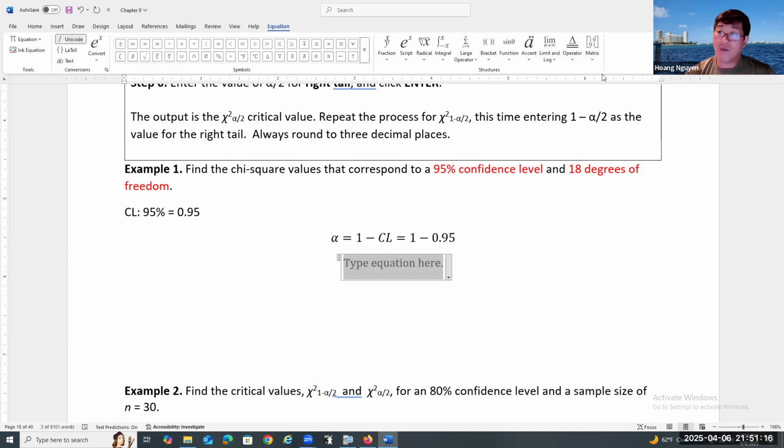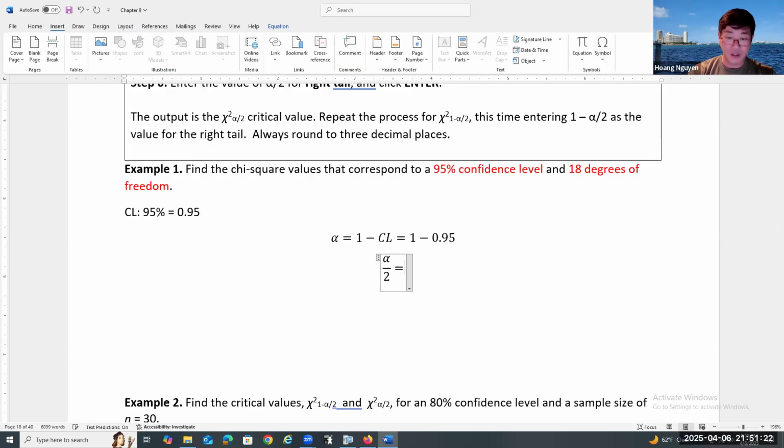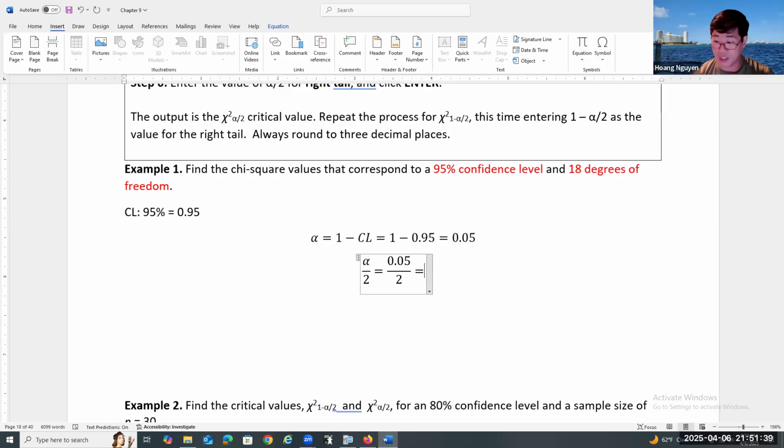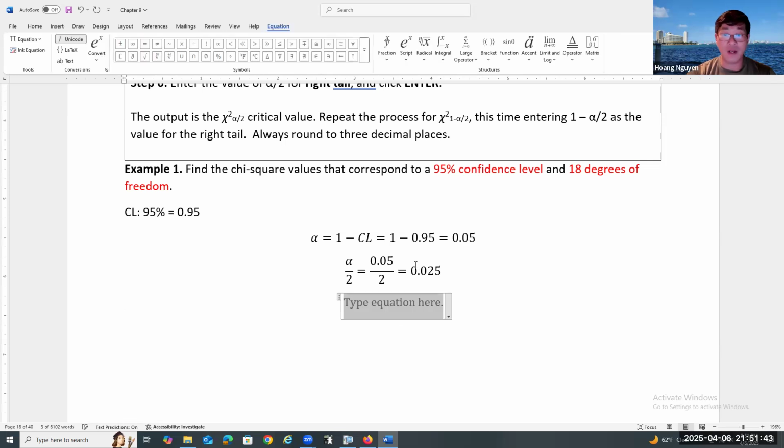After I get alpha, I'm going to cut alpha in half to get alpha divided by 2. 1 minus 0.95 is equal to 0.05, so we have alpha equal to 0.05. Now I take alpha divided by 2: 0.05 divided by 2 gives you 0.025. And based on the question, we know the degrees of freedom is equal to 18.